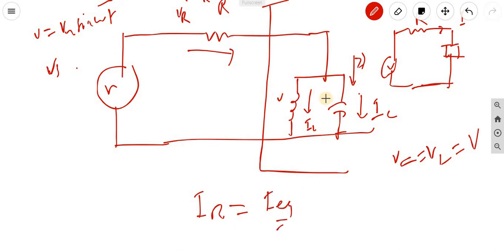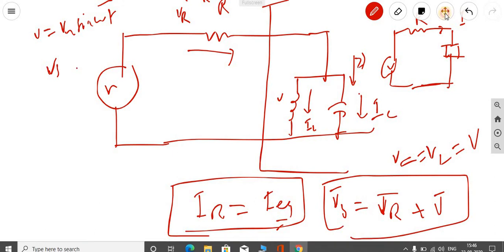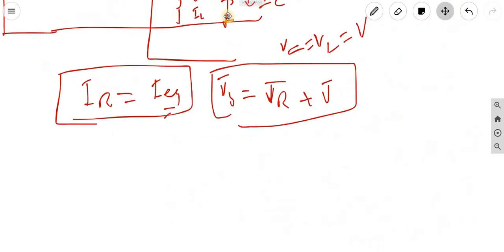For the voltages, VS, the voltage across V, and the voltage across this, we will get this equation and this equation. So first we want to explore this section.